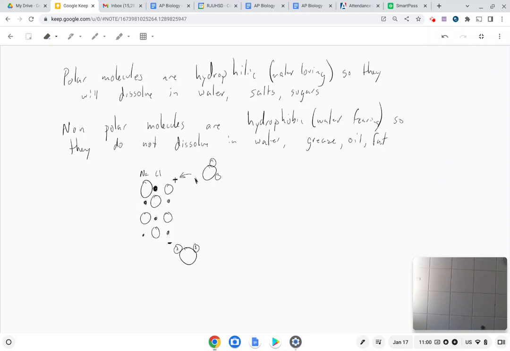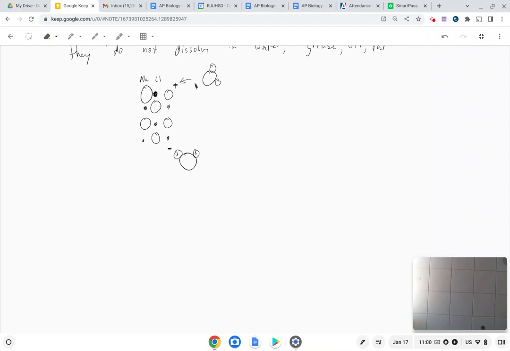Okay. One more point I want to make here is water has a high specific heat capacity. Let me just check something here because I think they might call it specific heat capacity. Yeah, okay.